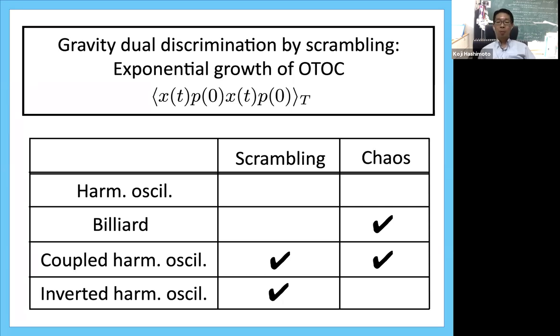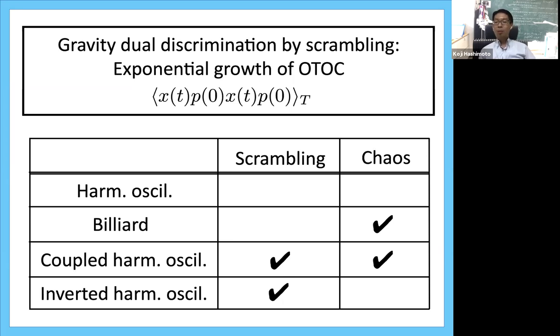So it's very simple and standard, a standard toolkit. And I checked and studied the OTOC. The exponential growth of OTOC is now terminologically defined as scrambling. So scrambling means that your OTOC is exponentially growing.